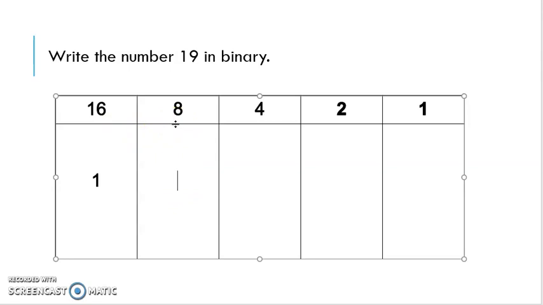So if I used 8, I'd go beyond my target. So can't use that one. Same for 4. 16 plus 4 is 20. That's no good in this situation. However, 16 plus 2 takes me to 18. 18 plus 1 is 19.